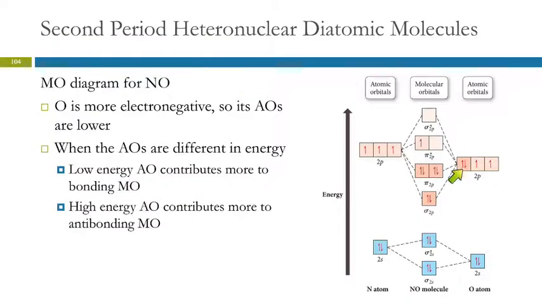Combining orbitals that are different in energy, the molecular orbitals are going to look a little bit different. The lower energy atomic orbital contributes more to the bonding orbital, and the higher energy atomic orbital contributes more to the antibonding.